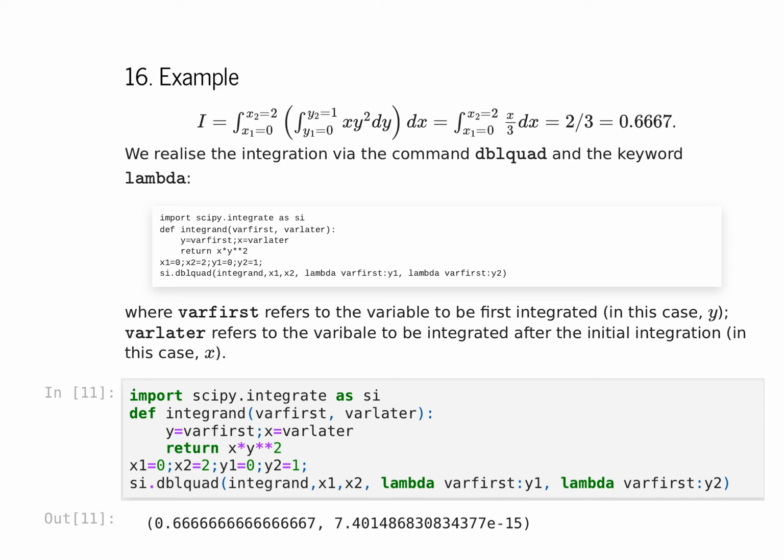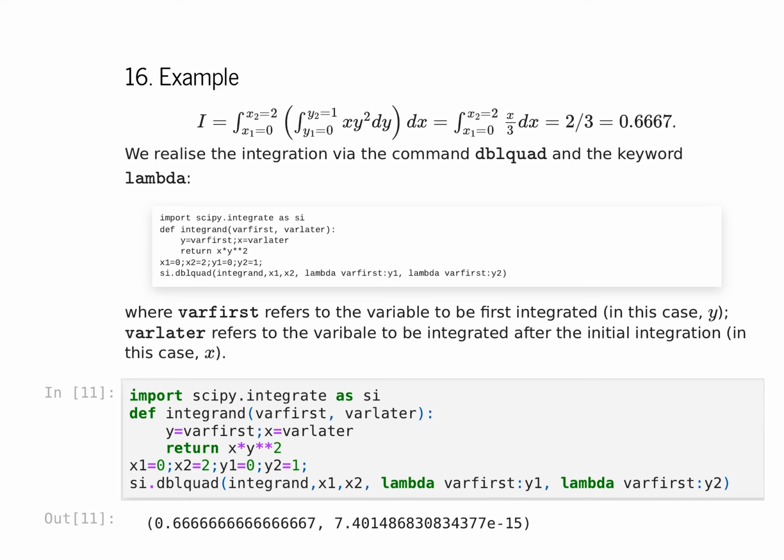Then, integrating x divided by 3 with respect to x from 0 to 2 gives x squared divided by 6 evaluated at x equals 2 and x equals 0, resulting in 4/6 or 2/3.